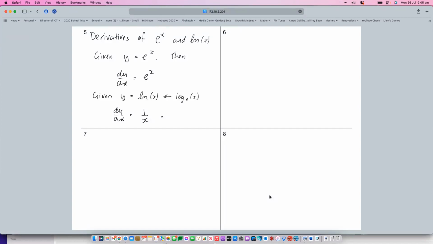Okay, so examples. Now this is where I left my notes back in the office, so I'm just making it up as I go along. y equals 2e to the x.